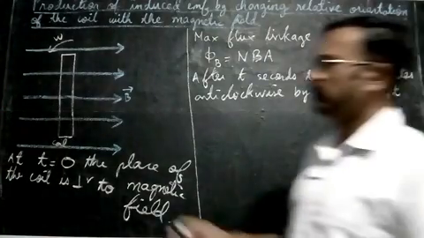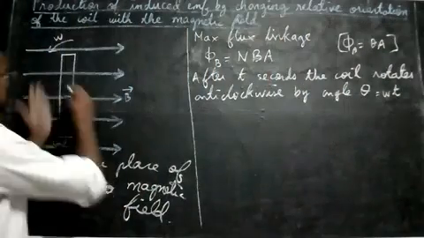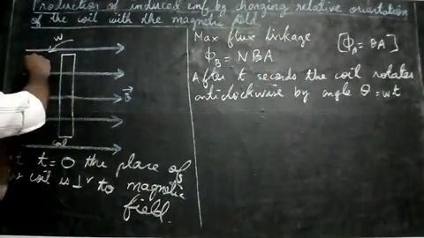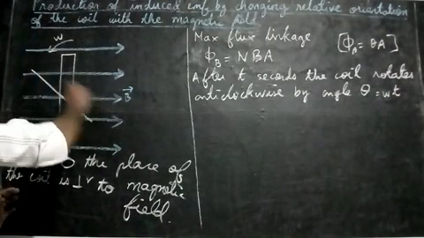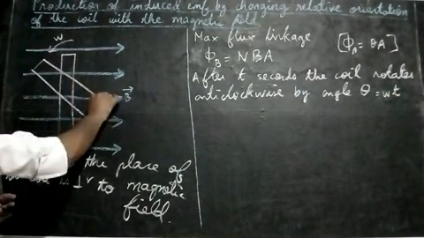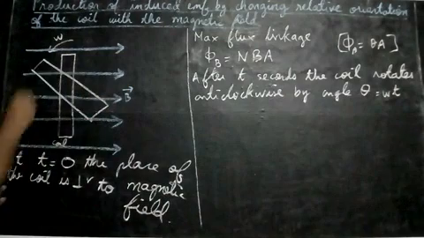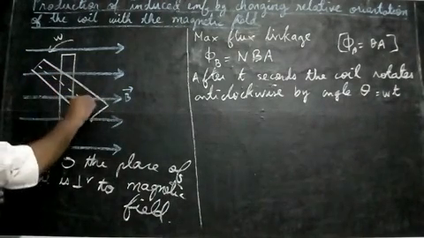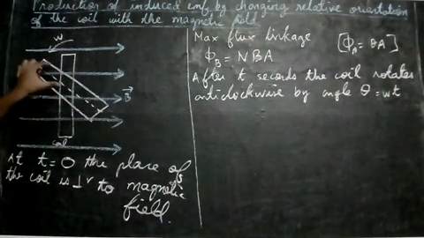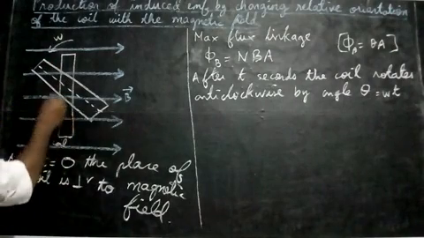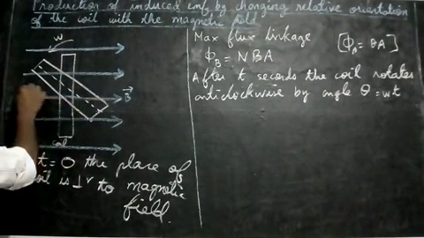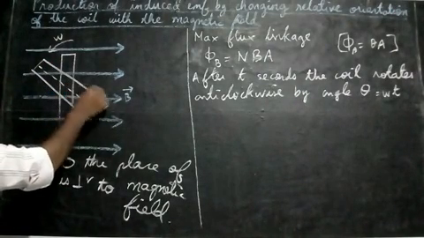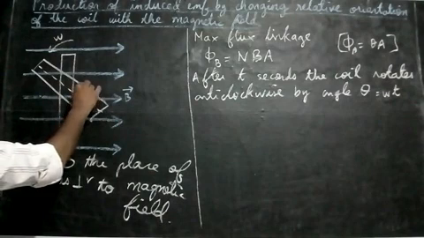We'll see the picture of how it happens. You can see this coil rotates in the anti-clockwise direction. Now I'll draw the midpoint of this coil, and this is the magnetic field. Let's take this angle as theta.